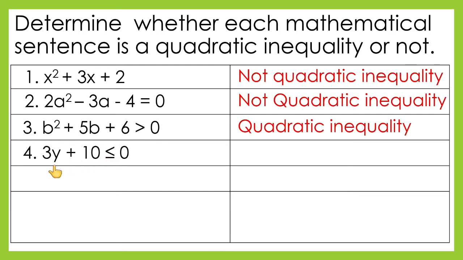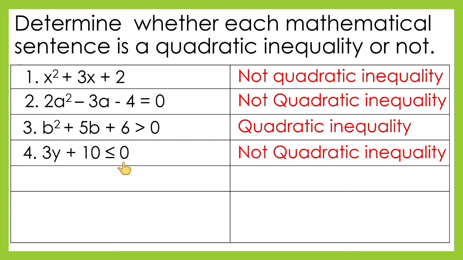Number 4, 3y plus 10 is less than or equal to 0. Quadratic inequality or not? This is not quadratic inequality. Dahil ang degree ay 1, so this is only a linear inequality.